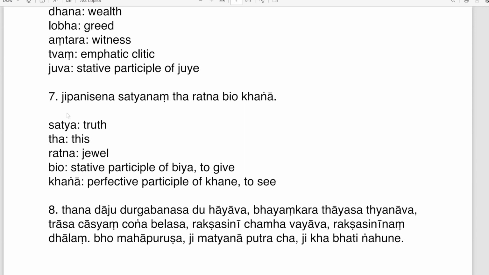Bia. I assume it's like a zero nominalization here, like that which gives the jewel. Here is because we don't have a noun after that. You can translate that like we have seen the giving of this jewel. And then kana is seen, the perfective participle, and it's perfective participle because it's conjunct.